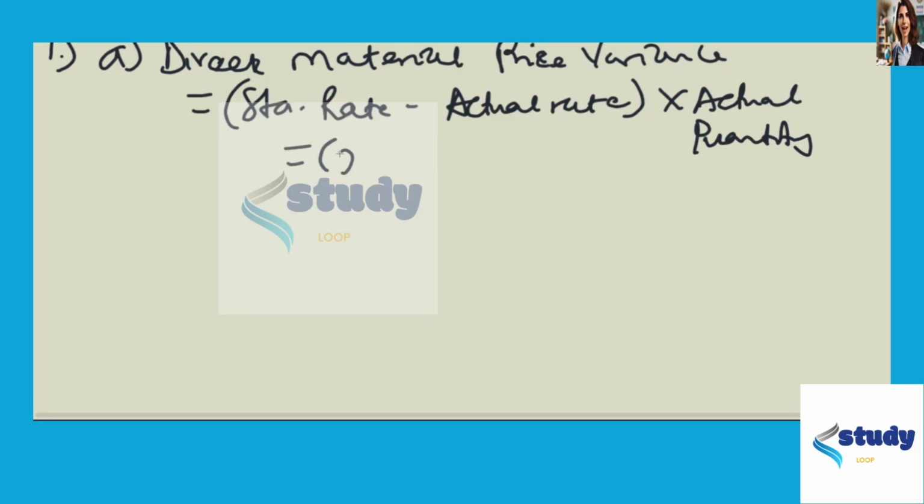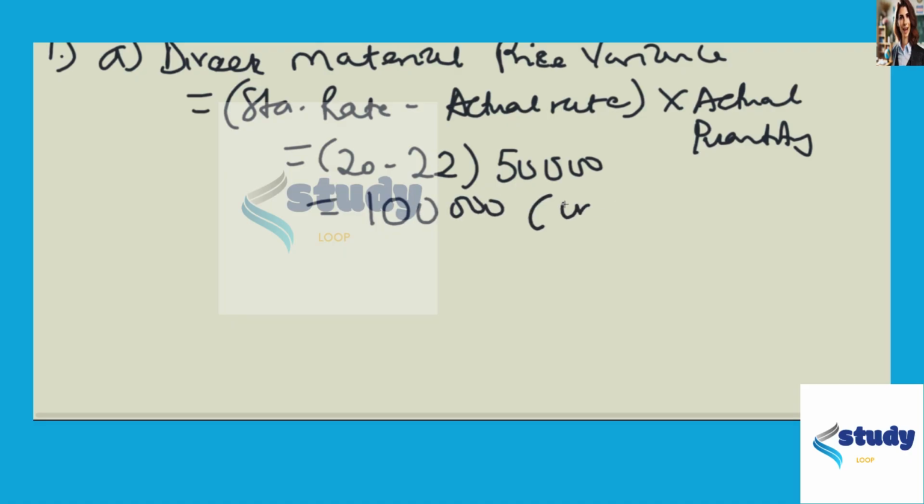And this is equal to 20 minus 22 from the table multiplied by 50,000. And therefore this is equal to 100,000, and it is unfavorable because it is minus.